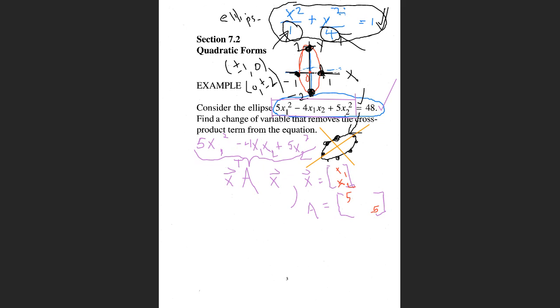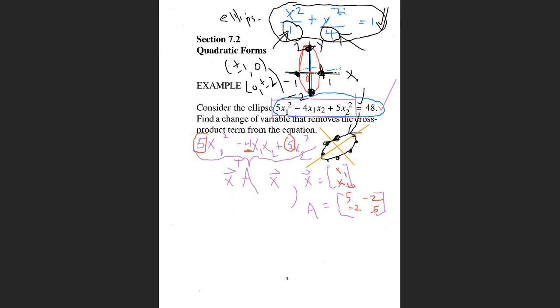Because we have a 5 here and a 5 here, what are the entries off the diagonal going to be? We are going to work with the -4, but we divide it by 2, we split it in half, and so we get -2 and -2.